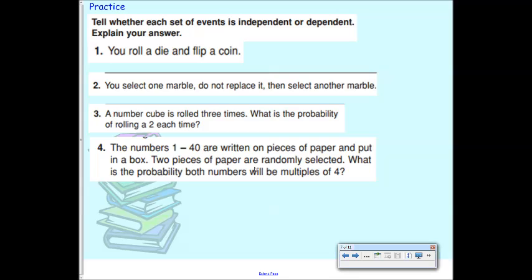All right, so how do we do number 3? A number cube is rolled 3 times, and you're trying to figure out what the probability of rolling a 2 is each time. So what do you do here, Rodrigo? The probability of landing on a 2 is 1 over 6.